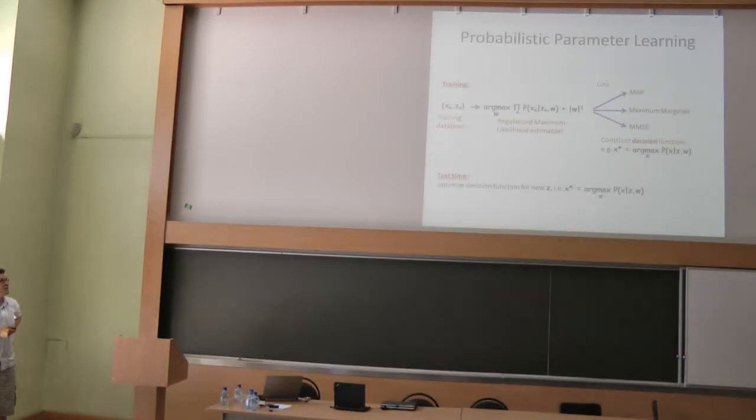Okay, so you maximize over W, and Christoph will go, I think, into quite some length on how to do these things. It's a big problem how to do it with loopy graphs and so on.